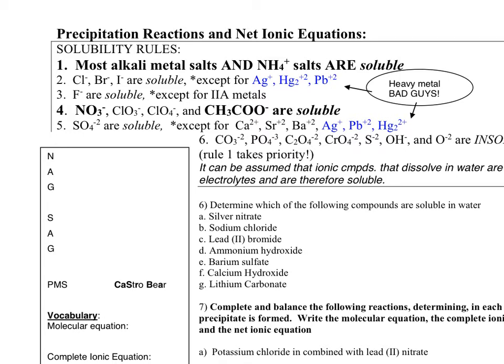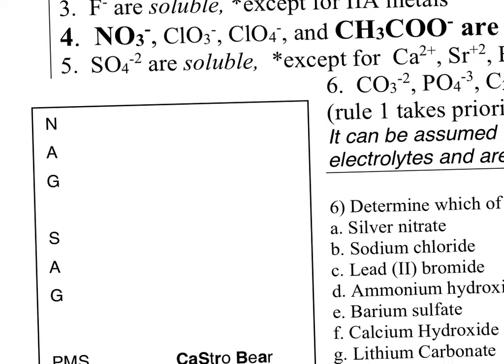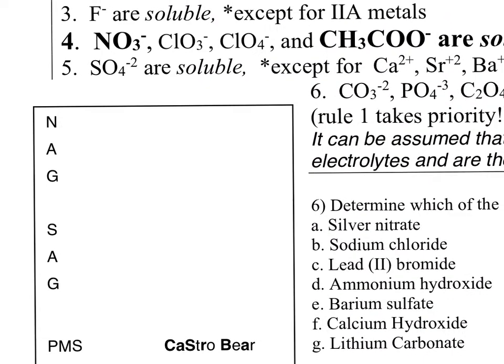NAGSAG. What do we use NAGSAG for? Those are the ones that are usually soluble. You can rely on those for a majority of what you were required to memorize.